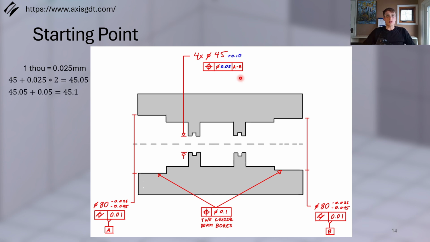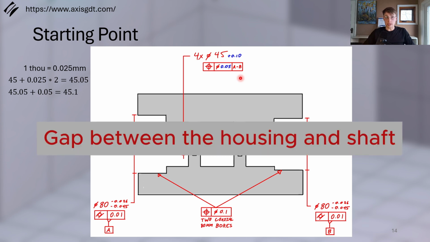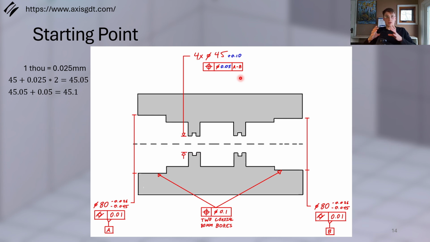And then the engineers wanted a 1 thou gap at least. So that's 25 microns. So you could take that 45 millimeters and say, oh, we need 25 microns on either side. And then you also have to look at the positional tolerance. If you were just looking at the minimum or the inner boundary, you'd have 45.05, but then you have to add that positional tolerance as well, because we have that 50 microns that the bores are allowed to move.